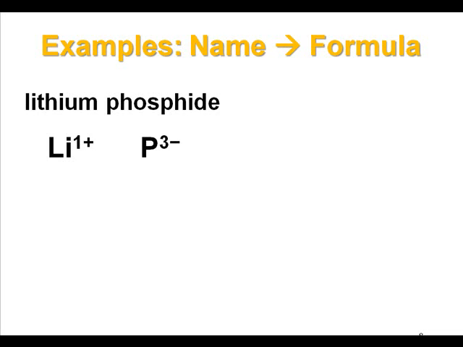It is a non-metal. Now, when you form a compound or a molecule, the overall charge of that compound must be neutral. So when lithium and phosphorus link up, you'll notice there's a +1 and a -3.